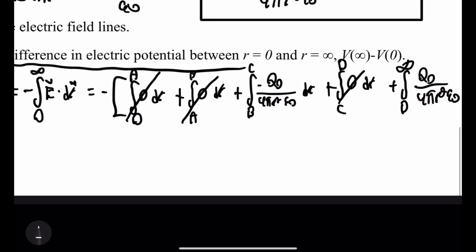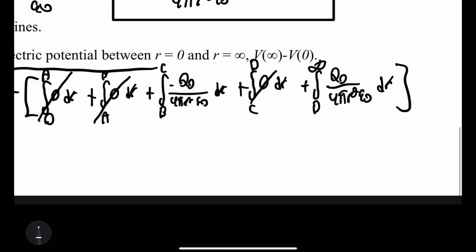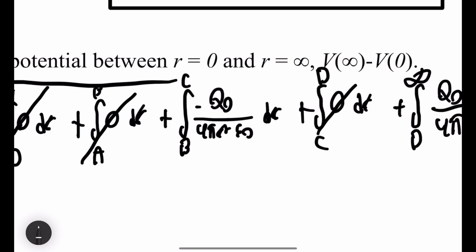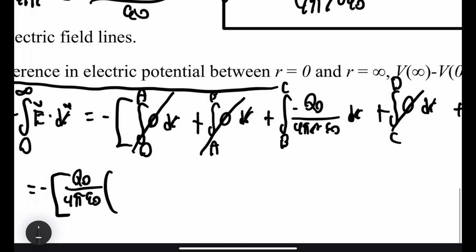So now I just evaluate. I have the negative from the formula, and then for 1 over r squared, the integral of that is negative 1 over r, so the negative in this integral is going to go away. So I'm going to get Q naught over 4 pi epsilon naught, and I plug in my bounds. I will get 1 over c minus 1 over d.